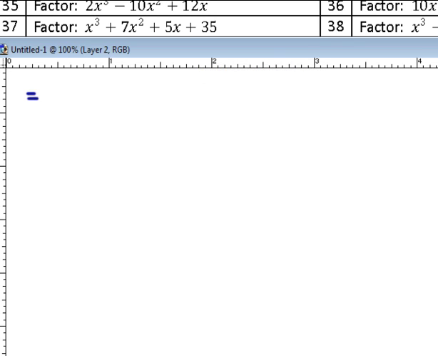From the first 2 terms, we can pull out an x squared, and we're left with x plus 7. From the second 2 terms, we have a 5 and a 35. We can pull out a factor 5, and we're left with x plus 7. So we have that same binomial, x plus 7, that we can now pull out of the entire polynomial.